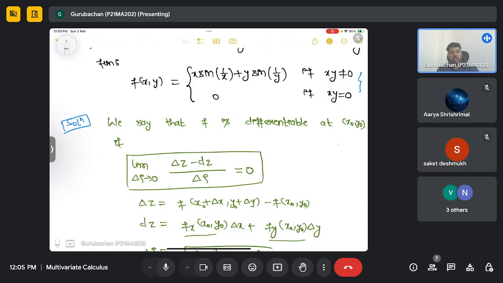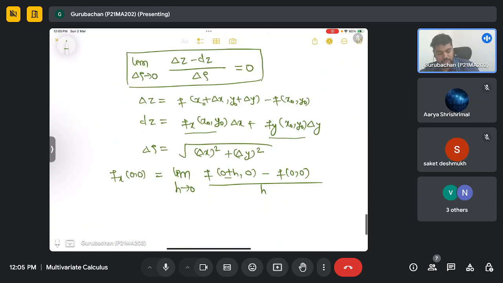There are two parts of the function; which part does this fall into? If the product of x, y is 0, then our function is nothing but 0. So 0 plus h into 0 is 0, so our function will be 0 minus 0 divided by h, which is nothing but 0.